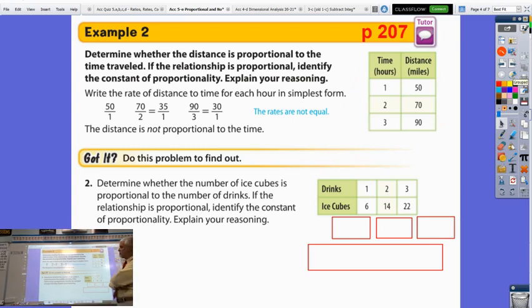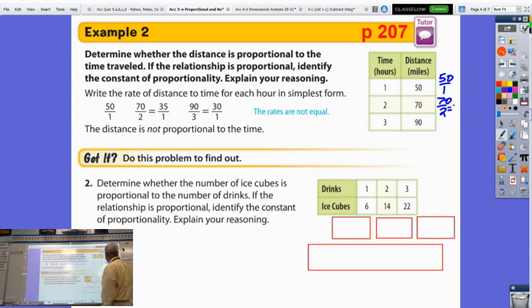Is this distance proportional to the time traveled? If it is, identify the constant of proportionality. Explain your reasoning. When it says to explain your reasoning, when you show the ratios and show that they are equal or not equal, that's good enough explanation, in general. So 50 divided by 1, I usually write this over here, okay, 50 divided by 1. 70 divided by 2, well, you should recognize right away that these are not equal, right?